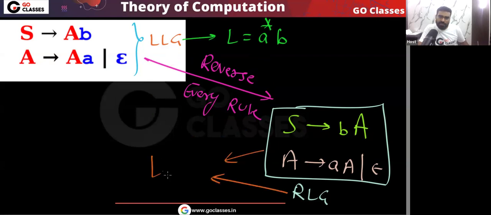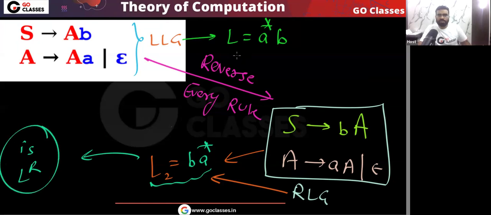From S we go to BA, and this A will generate A star, so you finally get B A star. Can you notice this language is the reverse of L? This is L reverse.